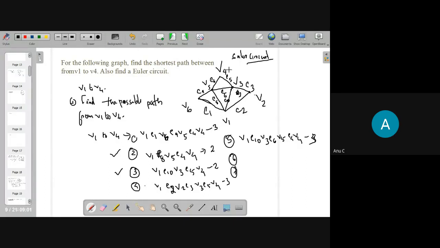Say I start from V4: V4, V5, then V6, V1, V5. Okay.